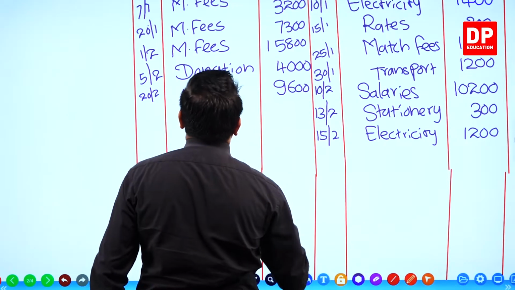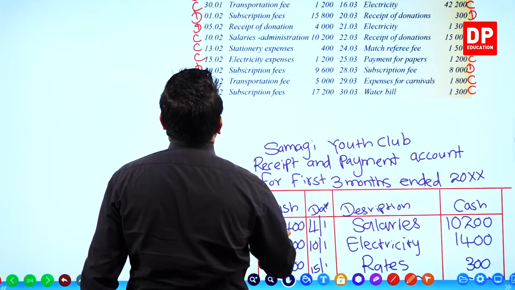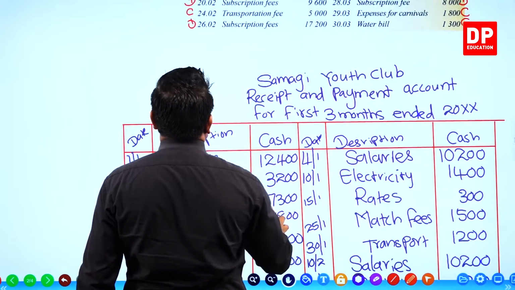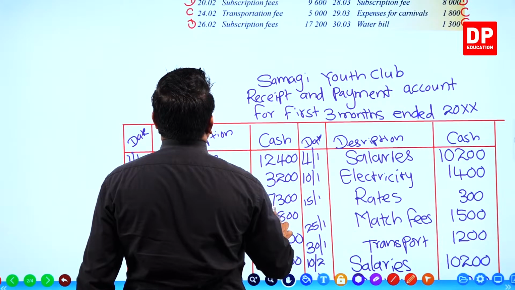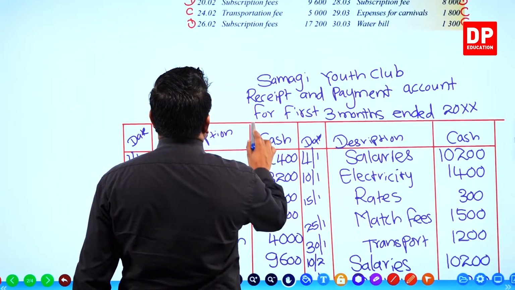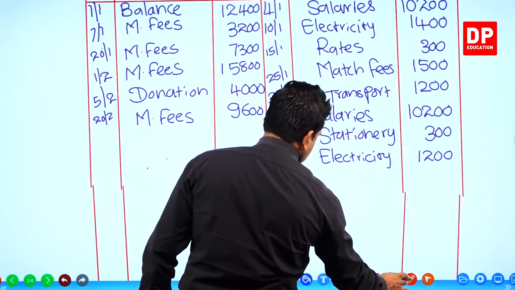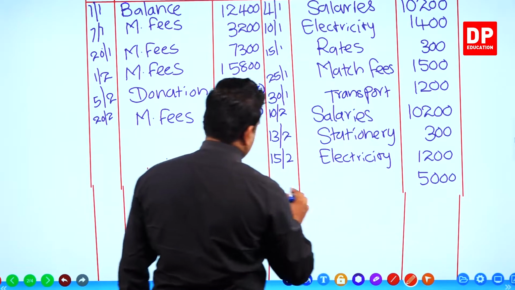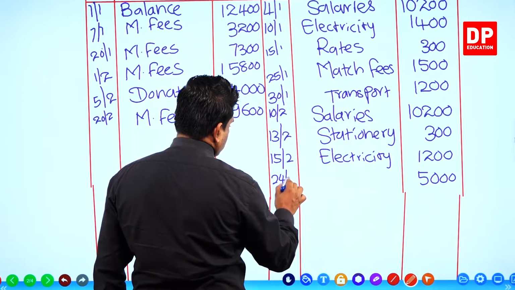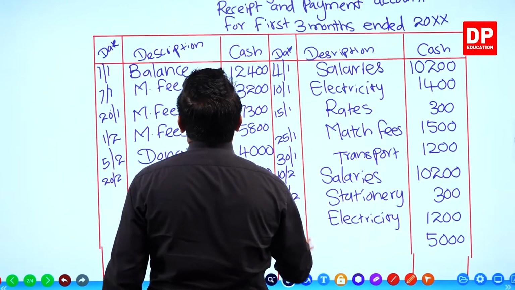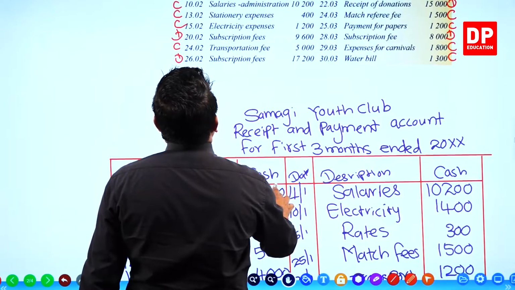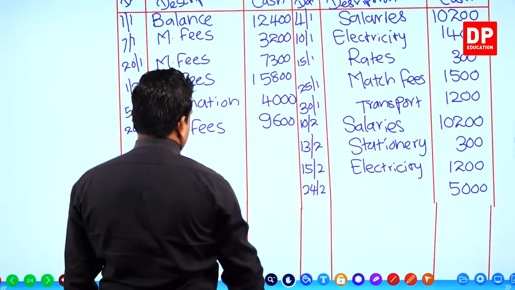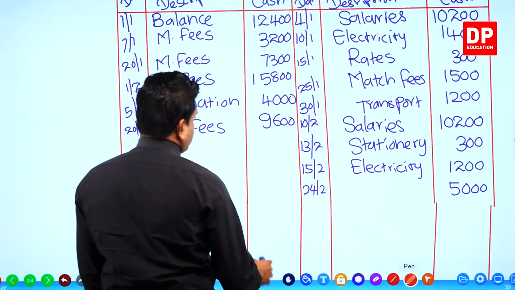Next, transportation fee 5,000. Transport 5,000. Membership fees 17,200.